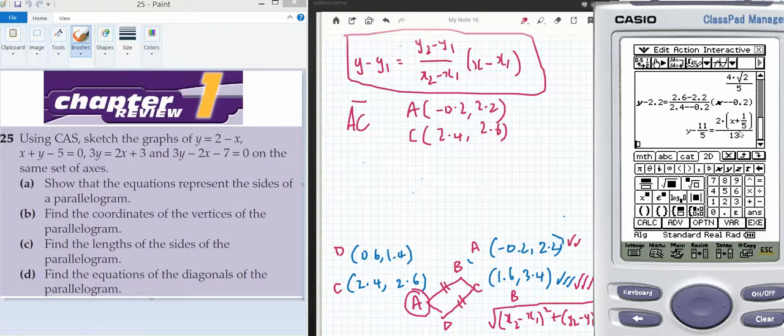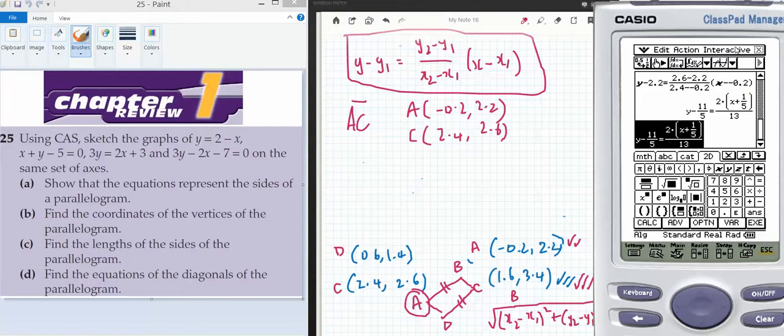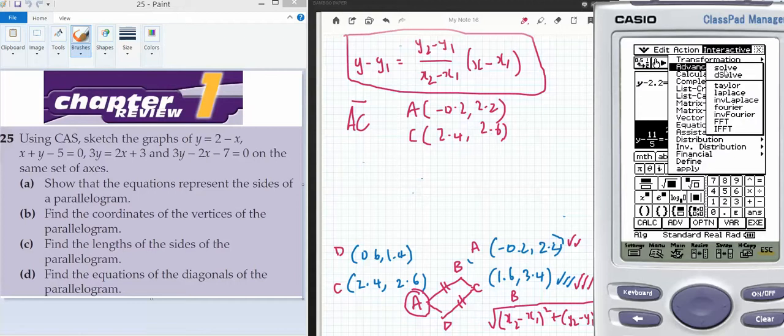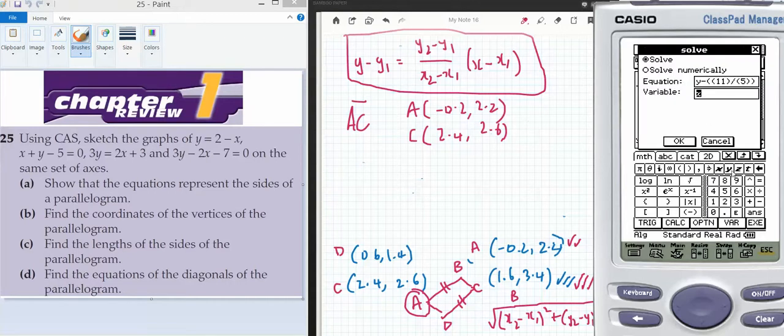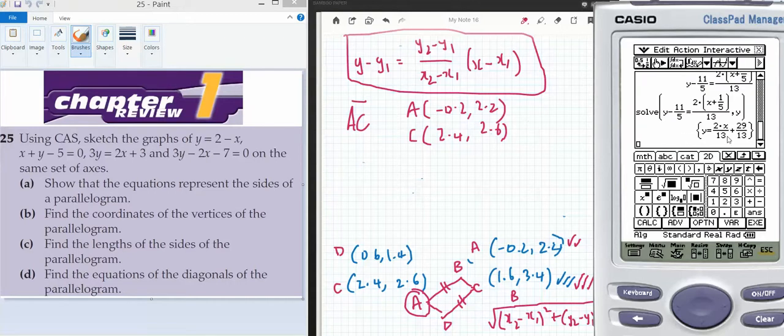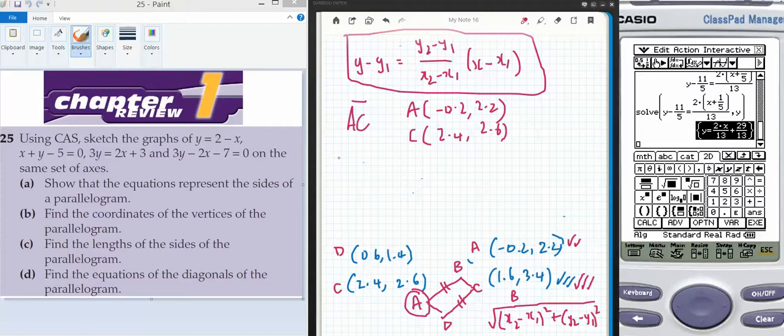And press execute, and that gives me an equation that if I put into a new line and I solve for y, will give it to me in the form of y equals, and there it is. So y equals 2x on 13 plus 29 on 13.